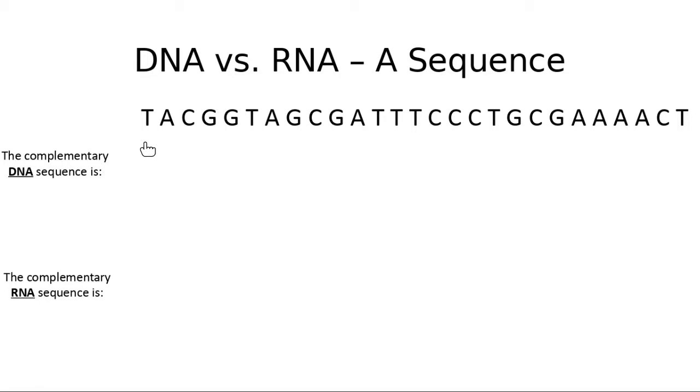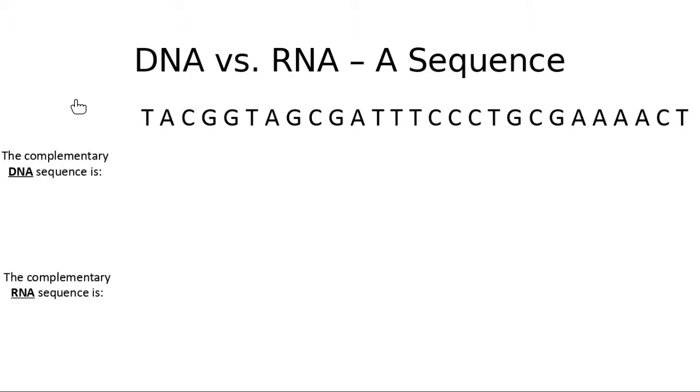When we're looking at this DNA sequence, anytime I see a T in one DNA strand, what would I see in the complementary strand? What would go underneath it if I've got a T?